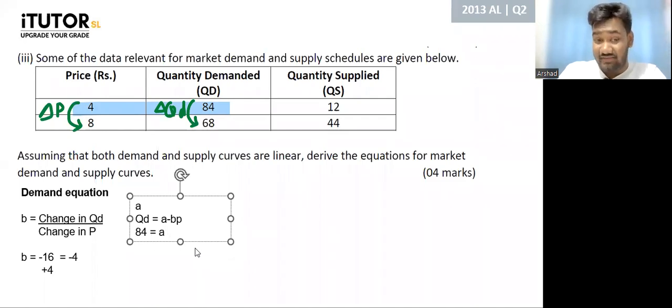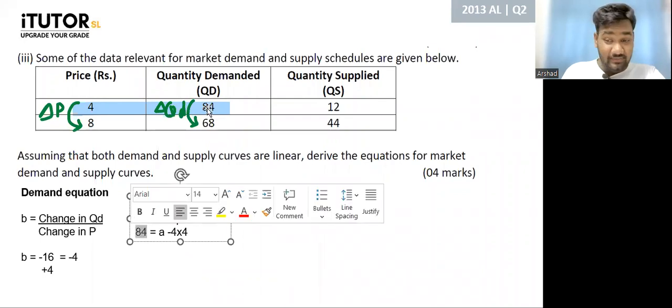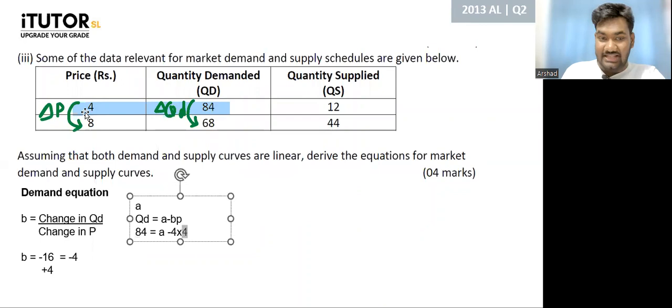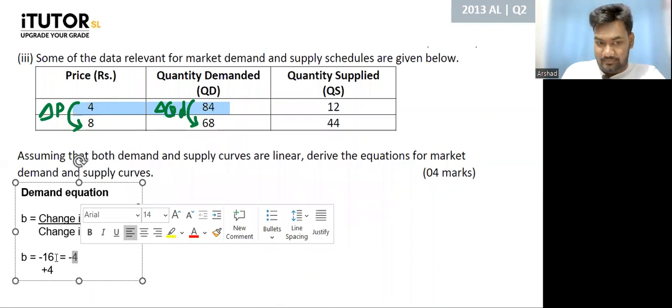I found in my previous step, it's minus 4. Remember, don't overthink and put plus and minus. It's minus always. Into what is the price there? Price is 4. So how did I get this 84 and 4? 84 came from here, the 4 of price came from here, and the minus 4 for the minus B part came from my previous step.